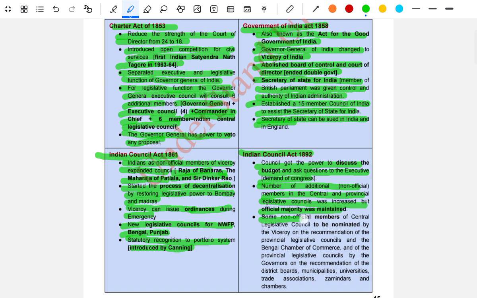Some non-official members of the central legislative council were to be nominated by the Viceroy on the recommendation of the provincial legislative councils and the Bengal Chamber of Commerce, and those of the provincial legislative councils by the Governor on the recommendation of district boards and municipalities, universities, trade associations, zamindars and the chambers.